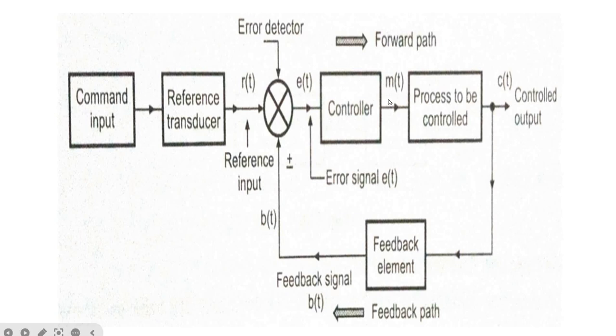The manipulation is such that the error should approach zero, and this signal then actuates the actual system, that is, the process to be controlled, and it produces a controlled output. As the output is a controlled one, it is called the controlled output. This path, from the input to the output, is called the forward path, and from the output to the error detector, it is called the feedback path. Fine.